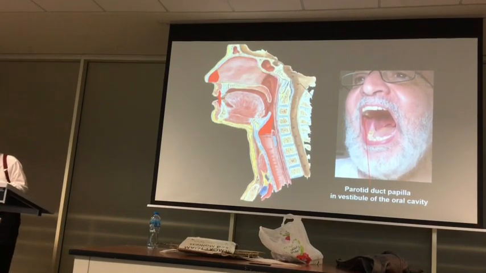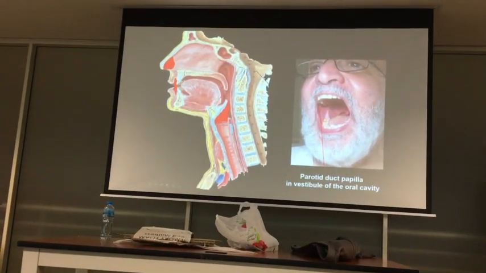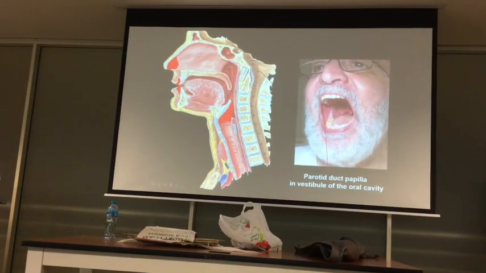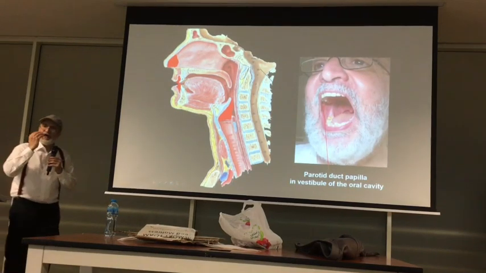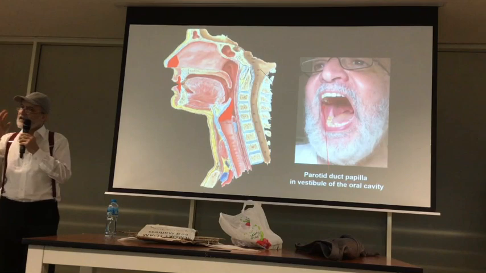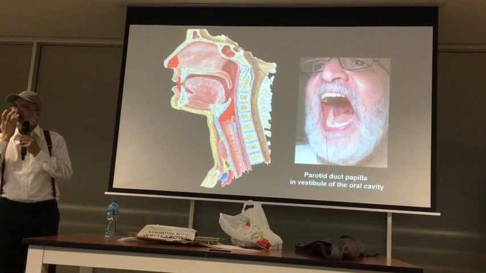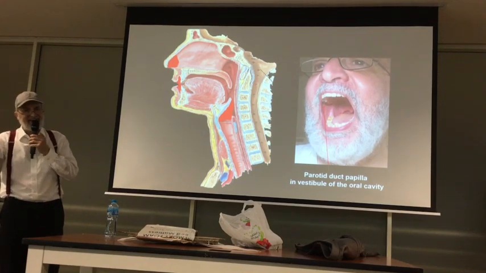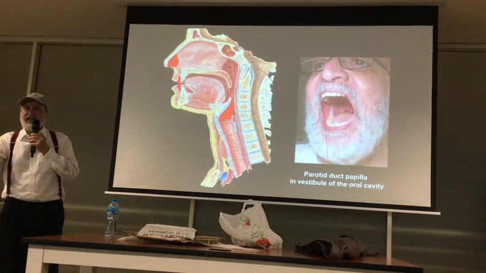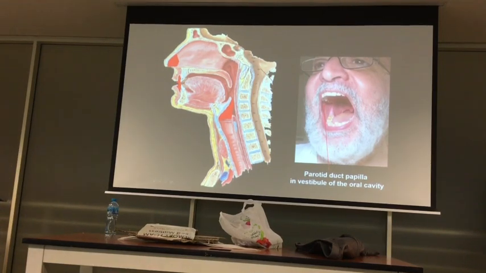Vestibule, by the way, this is vestibule of the nose. This is vestibule of the mouth, between the teeth and the alveolar process and the gum on one hand, and the cheek on the other, and the lips anteriorly on the other hand. And there is vestibule of the larynx.